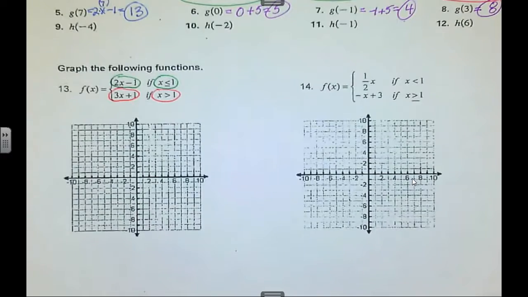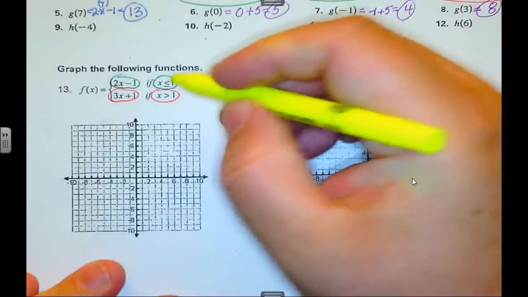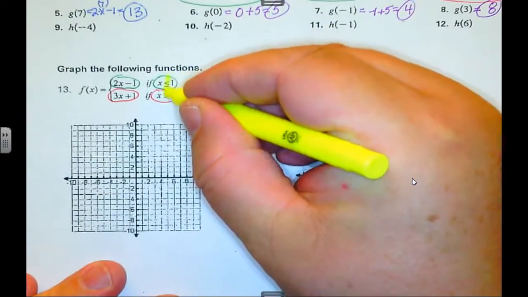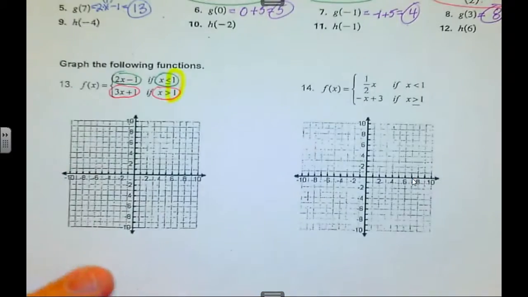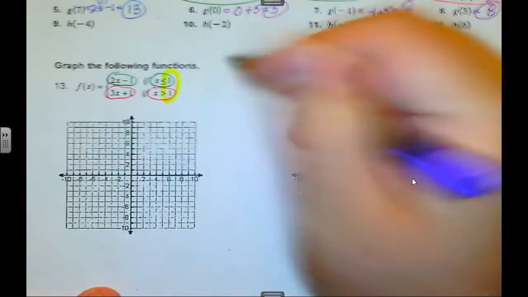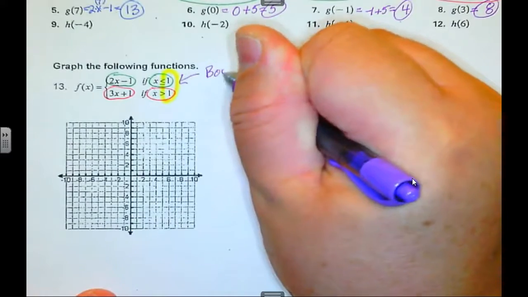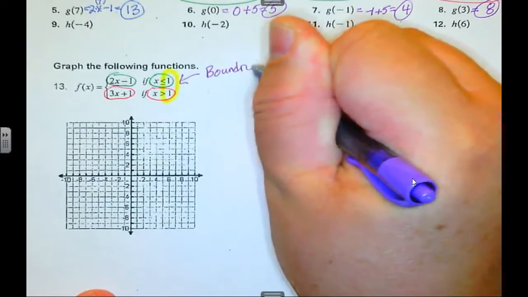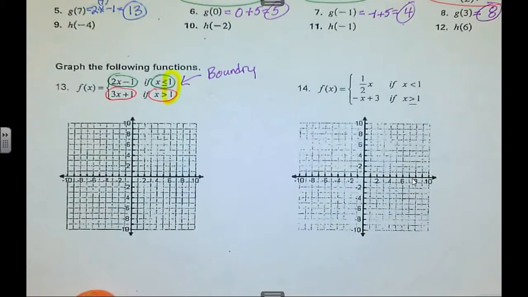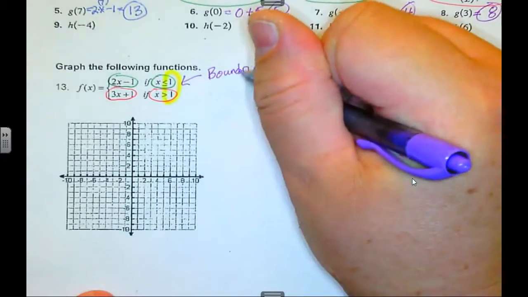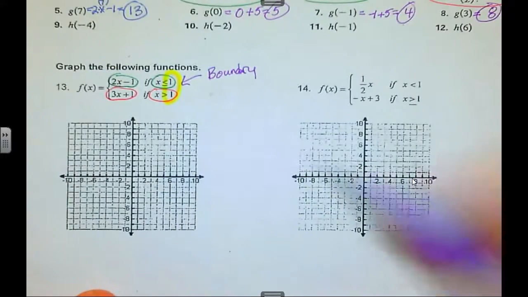Now, a couple of things. The first thing, this restriction, this 1, that is my boundary line. What do I mean? I'll show you. I don't even know how to spell boundary. There's an A after the D. Boundary line.